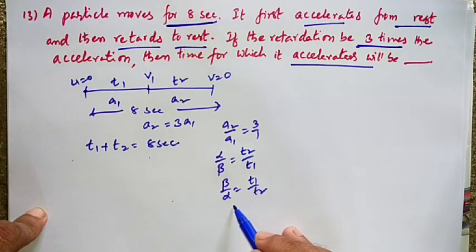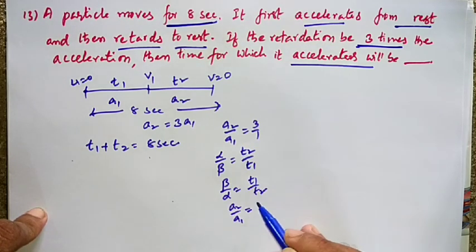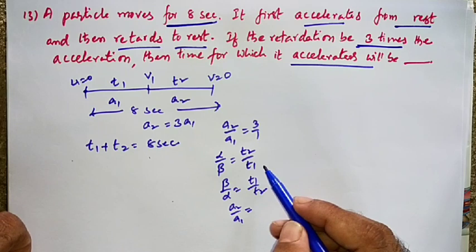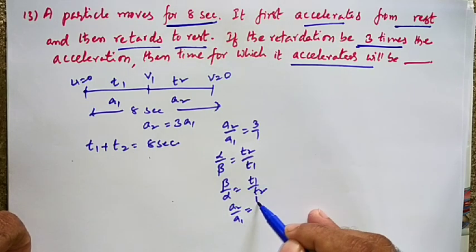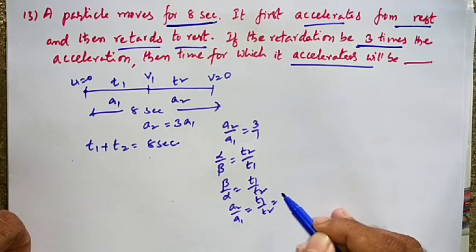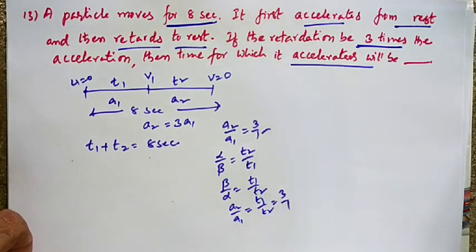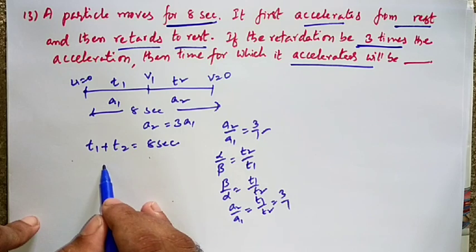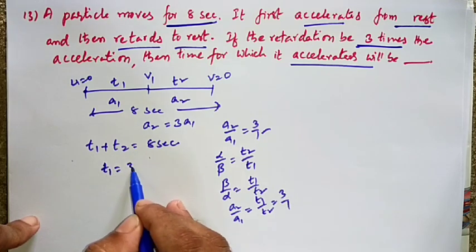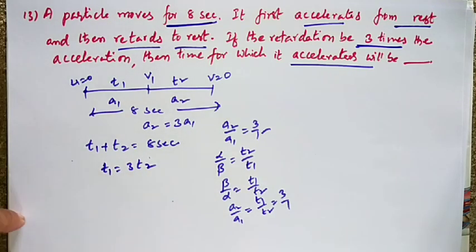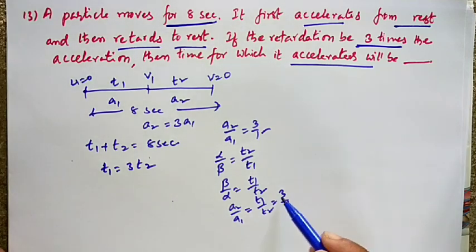Then A2 by A1 is T1 by T2, that is equal to 3 by 1. From this what can I write? T1 is equal to 3 T2.